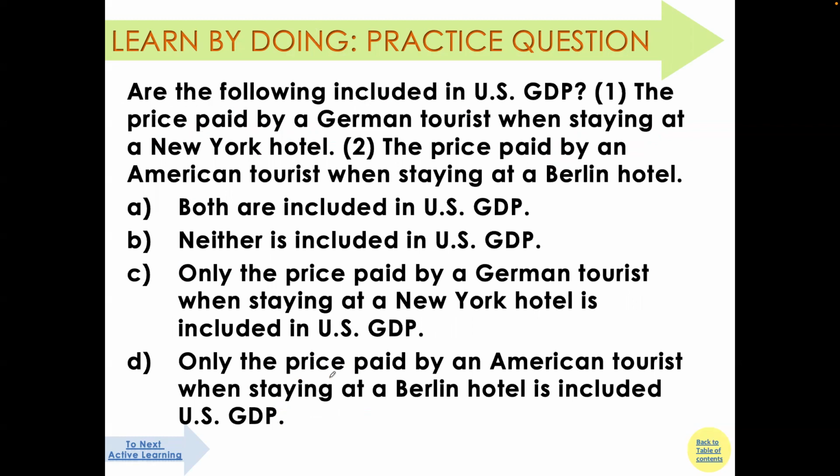This question asks whether two items are included in US GDP or not. Number one, the price paid by German tourists staying at a New York hotel. Second, the price paid by an American who stayed at a Berlin hotel. Is the first one part of US GDP?